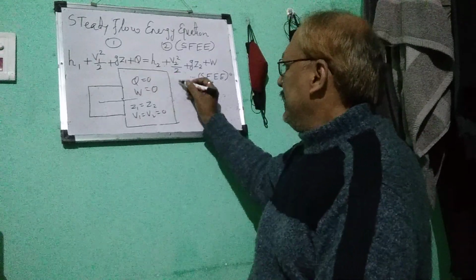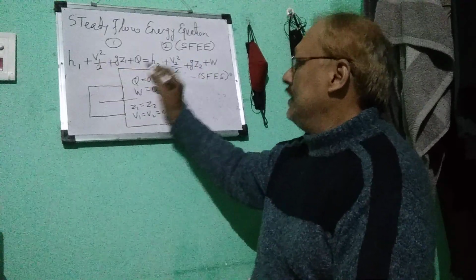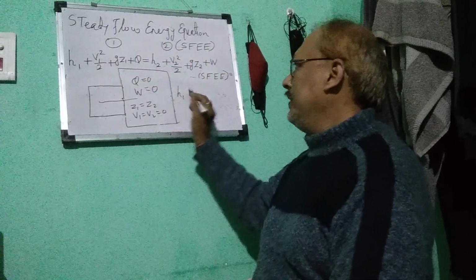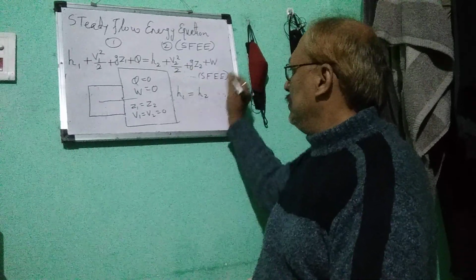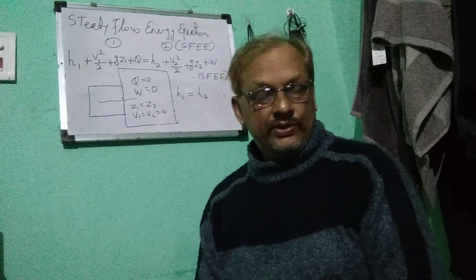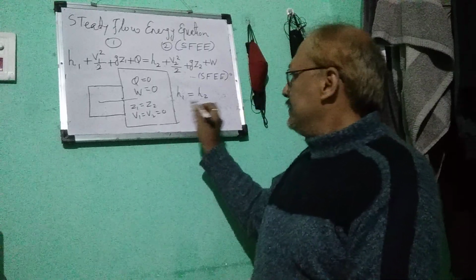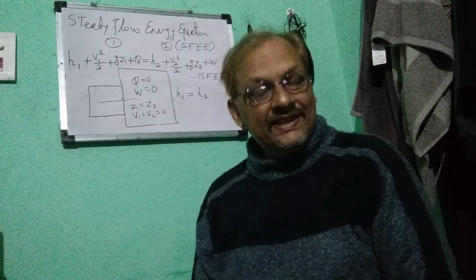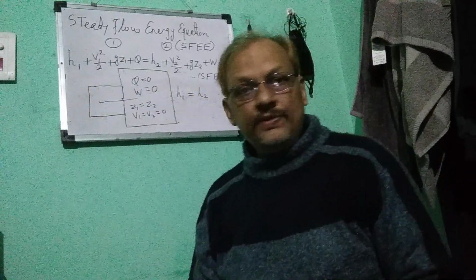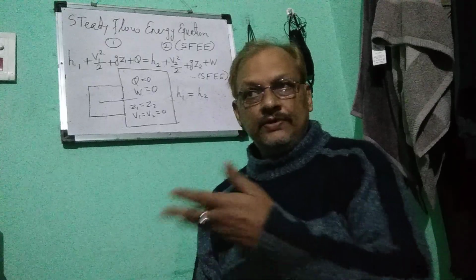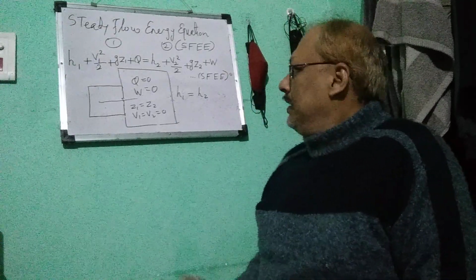So H1 equals H2. In a throttling device we get H1 equals H2, an isenthalpic process, because enthalpy before and after the expansion is the same. No heat transfer, no work done, so enthalpy didn't go anywhere, isn't it?